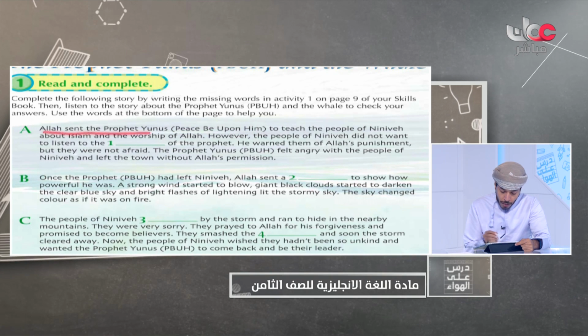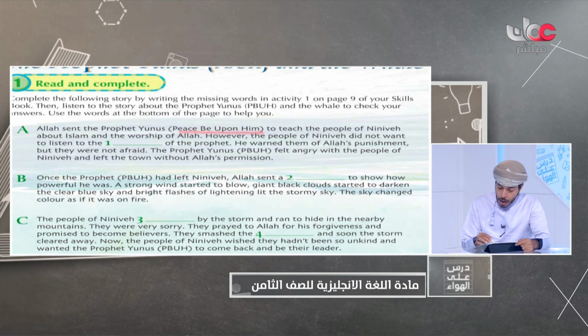Allah sent the prophet Yunus, peace be upon him, to teach the people of Nineveh about Islam and the worship of Allah. However, the people of Nineveh didn't want to listen to the, what's the word? Of the prophet.